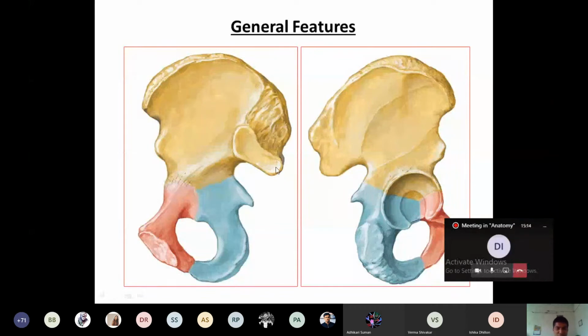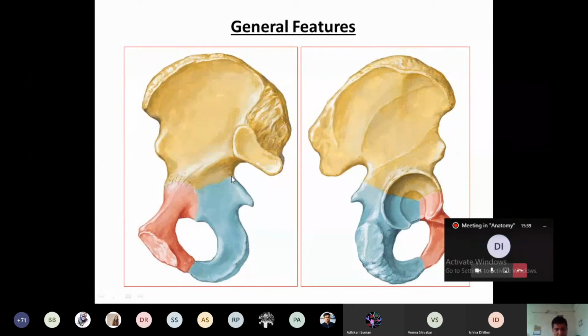If you trace the posterior inferior iliac spine further downward, you will reach the greater sciatic notch, which is a part of the posterior border of the ilium.